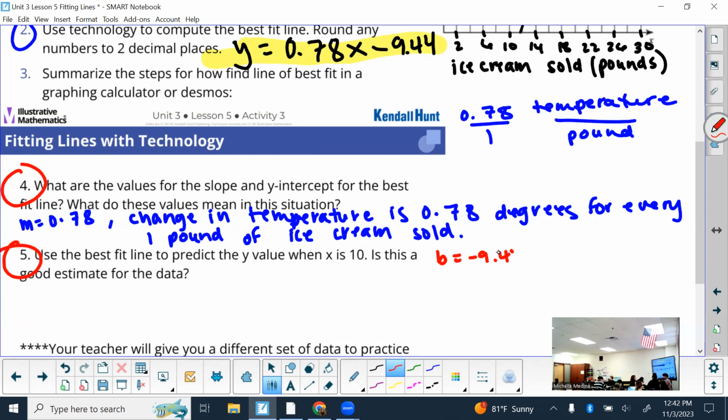Negative 9.44, but yes, is my y-intercept. Now, what does that mean in terms of the situation? Negative 9.44 what?